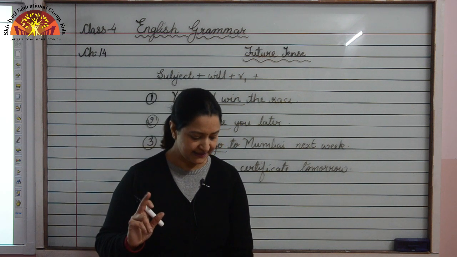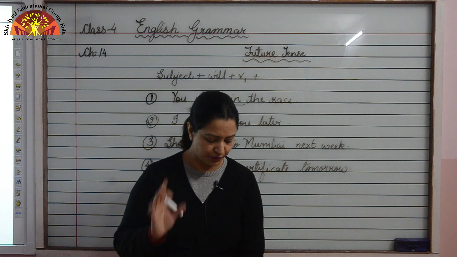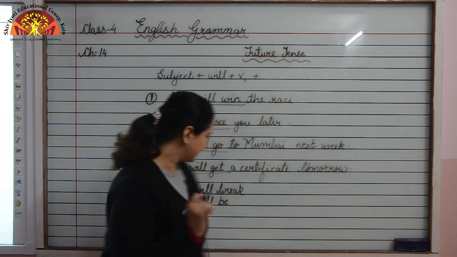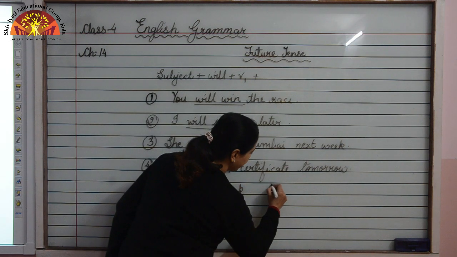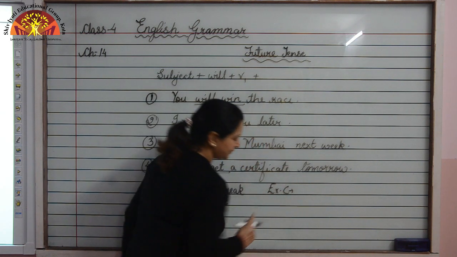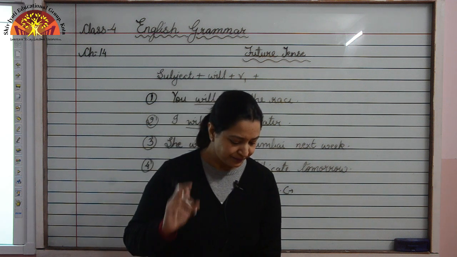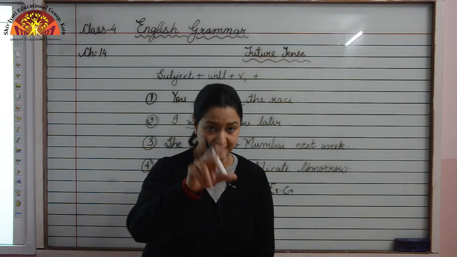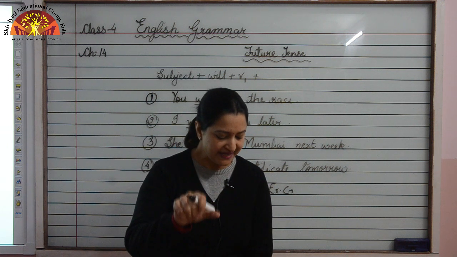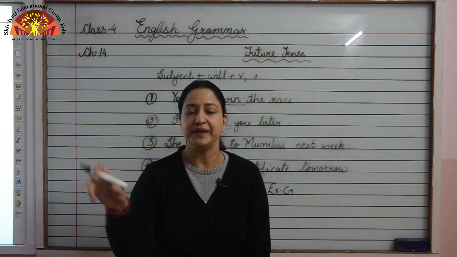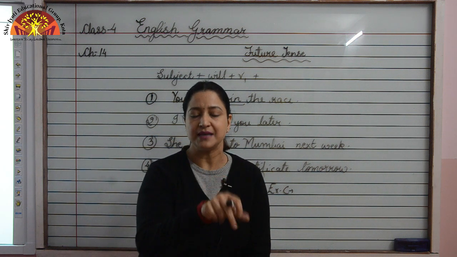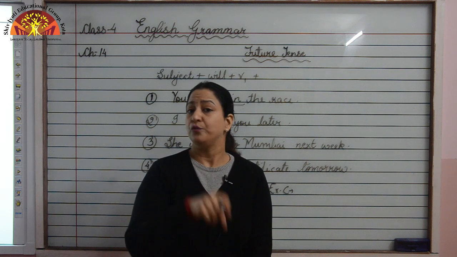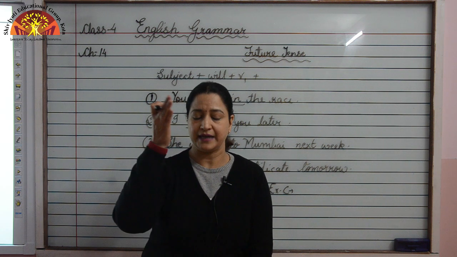Okay, now one more sentence I am going to do it for you. Okay, on page number 60, exercise number C. We'll take example from exercise number C. Okay, number 1. Now here a sentence is given in simple past. Just see, Romit went to watch a movie. Now this sentence is in simple past because went is simple past form of go. Now we have to change this sentence into future tense.